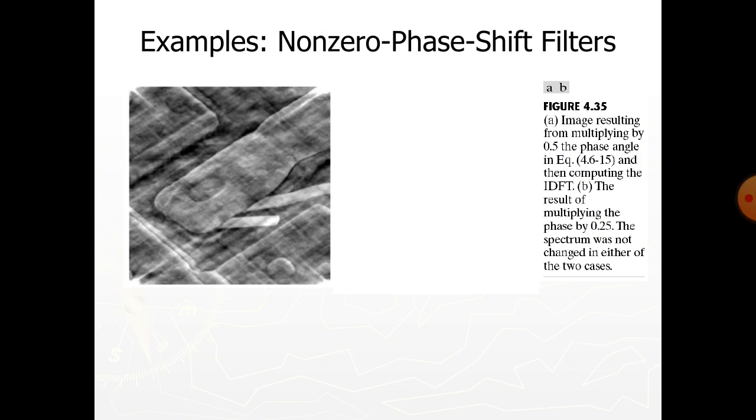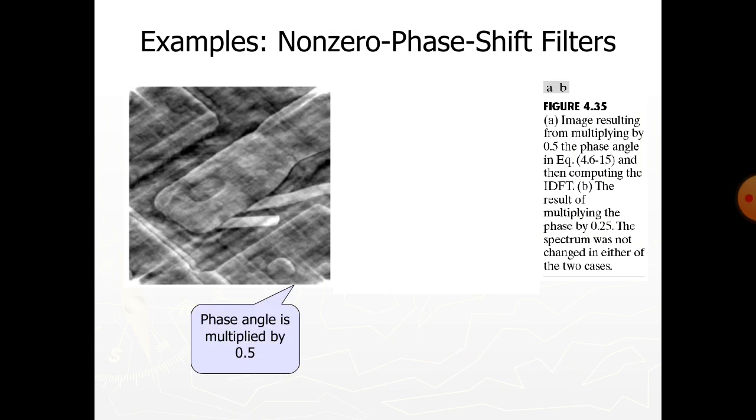Small changes in the phase angle can have dramatic effects on the filtered output. This figure illustrates the effect using a simple scalar image. Figure A shows an image resulting from multiplying the angle array by 0.5 without changing the magnitude |F(u,v)|, and then computing the IDFT.